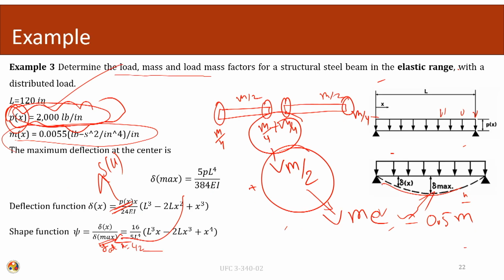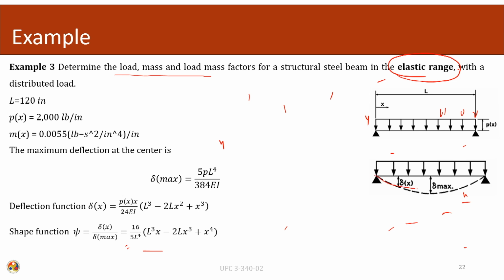Now, we have to take one more thing into consideration. All this analysis, the derivation of the equivalent mass, depends upon the behavior of the system. Here the system is required to behave in the elastic range when subjected to a dynamic loading. The entire response is to be in an elastic range.